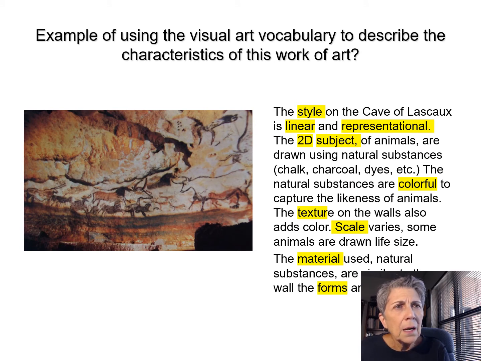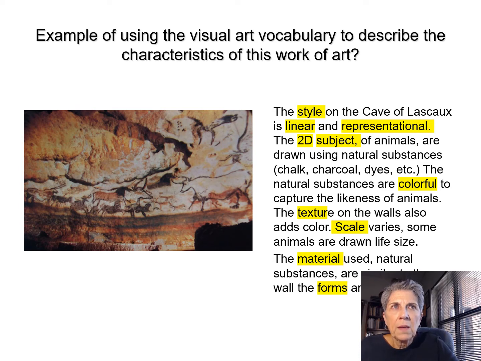And in this slide, what I've done here is I've just sort of outlined when you write about these for Friday using these terms. I've highlighted those words that you would be using. Now, you don't have to write it like I've written it, but that's a way you can do it and describe it. You're not going to bullet point it or list it. So I say the style, and in yellow is our vocabulary.